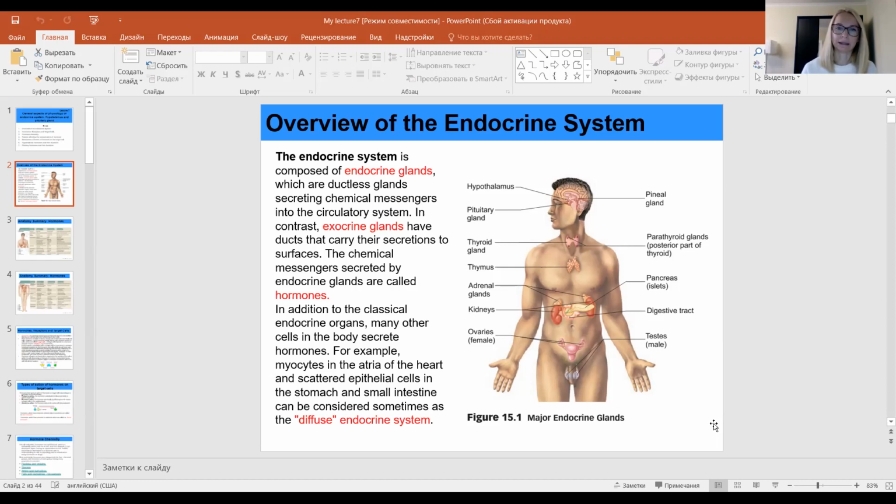In addition to the classical endocrine hormones, many other cells in the body secrete hormones. For example, myocytes in the atria of the heart and scattered epithelial cells in the stomach and small intestine can be considered sometimes as diffuse endocrine system.